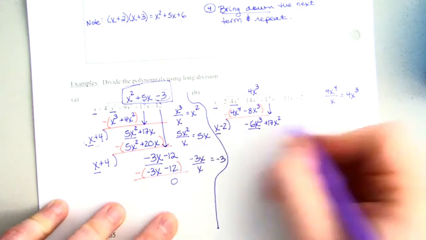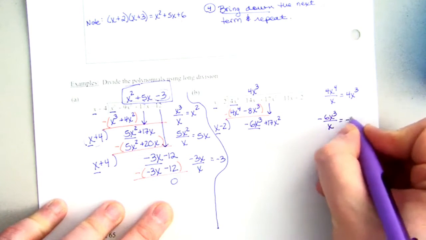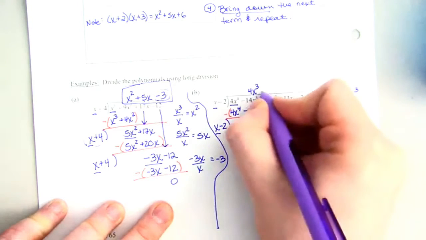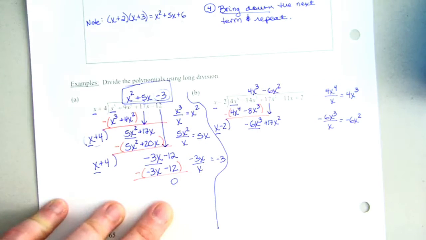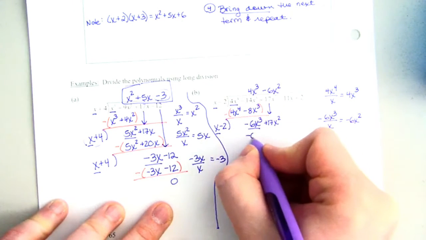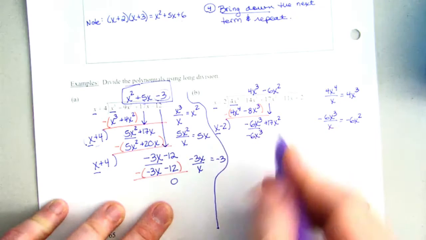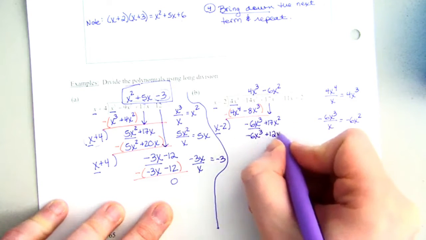Okay, divide. Negative 6x to the third divided by x should give us negative 6x squared. I'm going to multiply. Negative 6x squared times x will give me negative 6x cubed. Negative 6x squared times negative 2 will give me plus 12x squared.